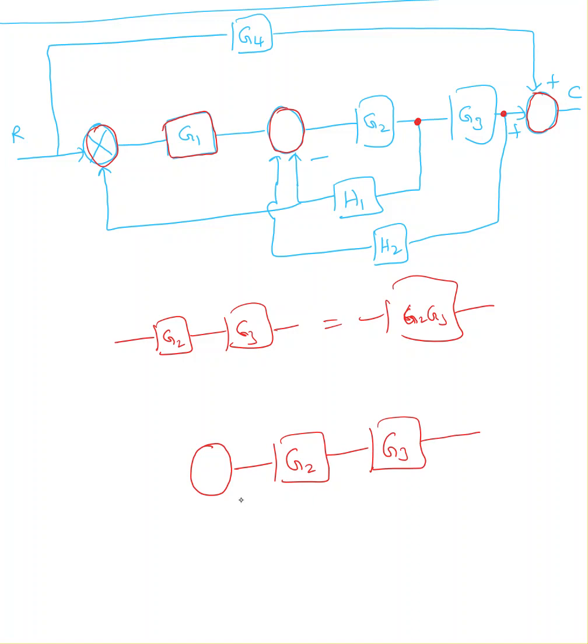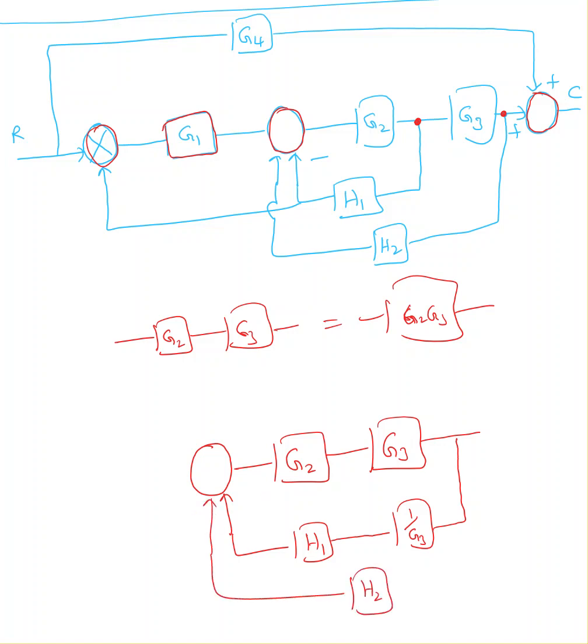Here I have H1, and then I multiply this by 1 over Z3. At the same time I also have H2. I just drew part of it so you can see what's going on next.